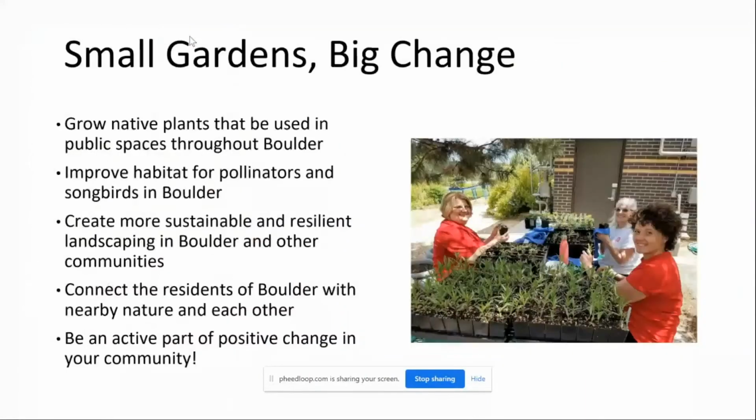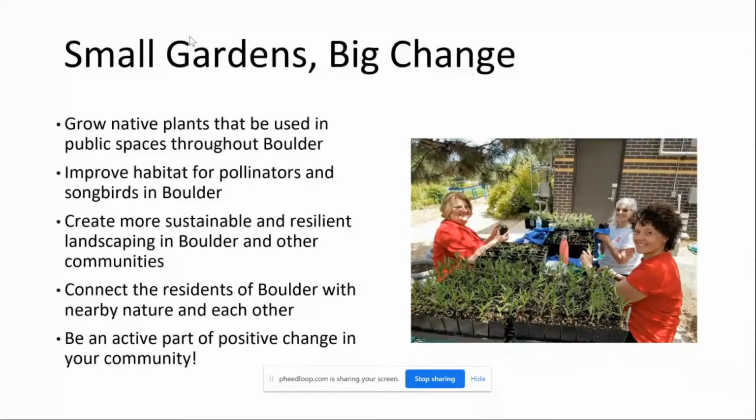And then our final example is one that really couldn't have come about without the pandemic. Small Gardens Big Change was a partnership between CSU Extension Boulder County, Butterfly Pavilion, and the city of Boulder, in which we provided seed growing kits to seniors in Boulder to grow native plants that could then be incorporated in Boulder's pollinator corridors, which we'll be hearing a little more about later.